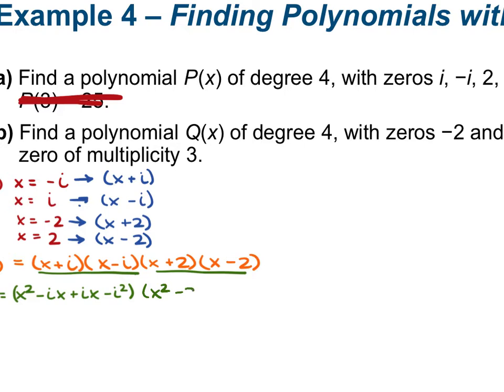X times negative 2 is negative 2x. 2 times x is 2x. And then 2 times negative 2 is negative 4. From here, we can combine our like terms. That negative ix and that ix are going to cancel. That negative 2x and that positive 2x are going to cancel.